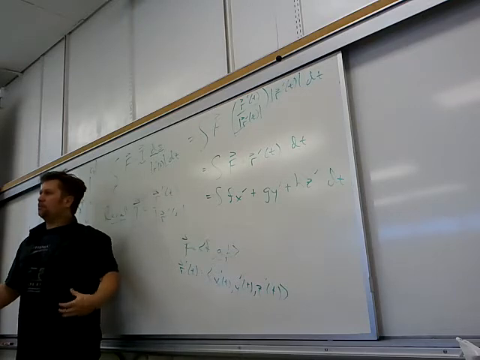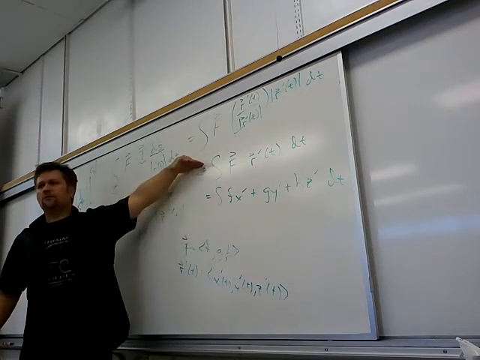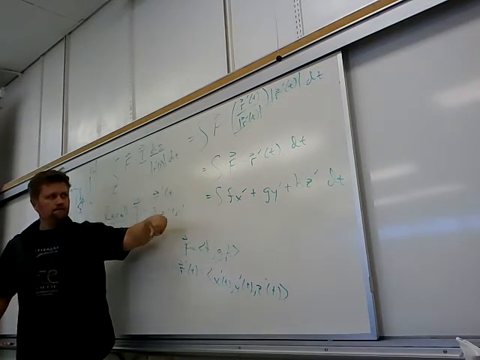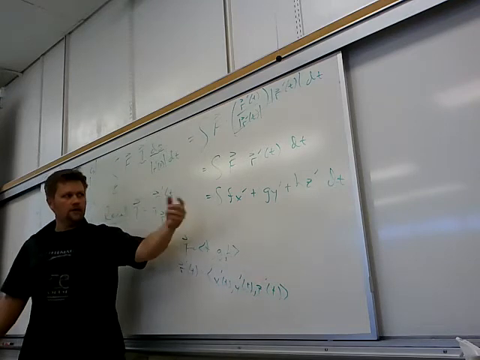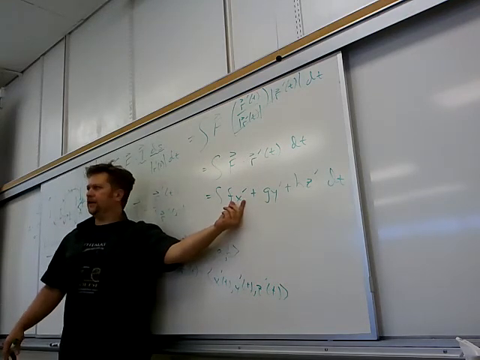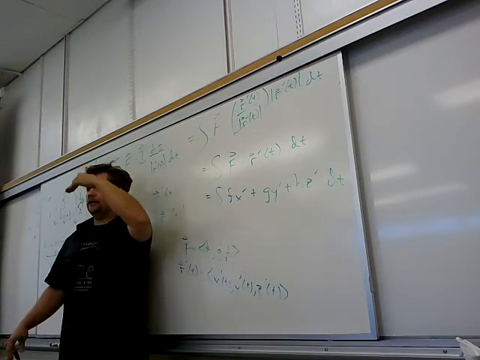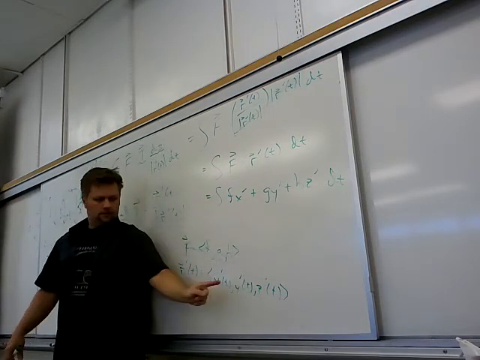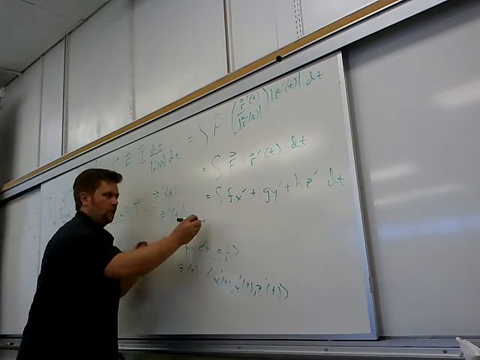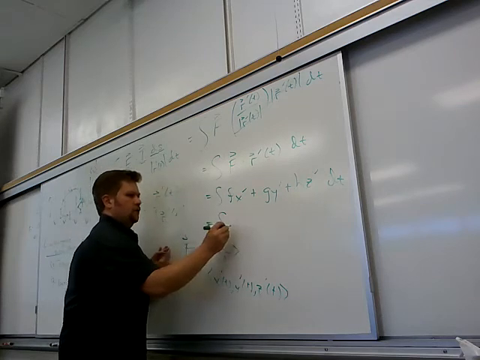Depending on the type of problem you're given, it might be better to do this, or it might be better to do this. What is this x prime, by the way? dx dt. I love it. So one more way to write this, just to really blow your minds.